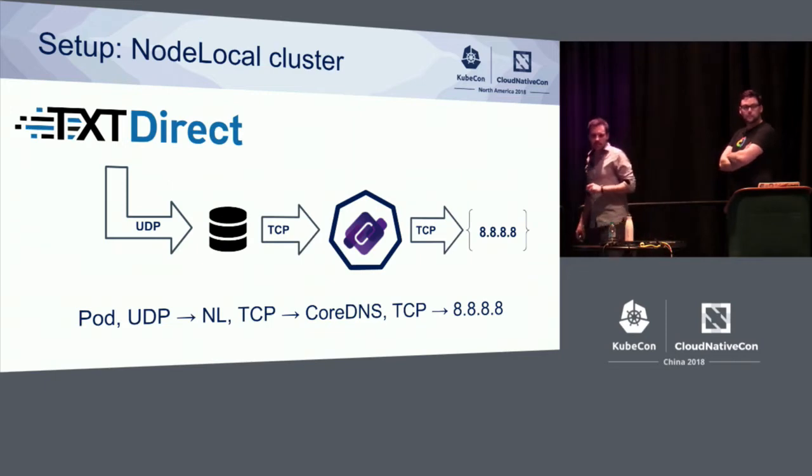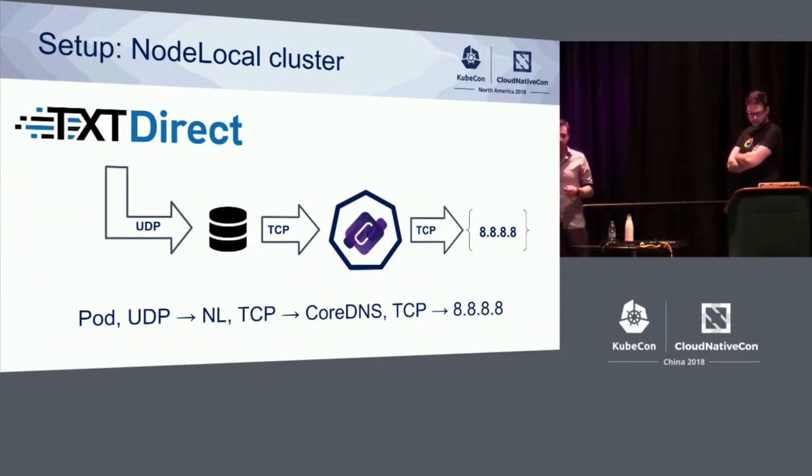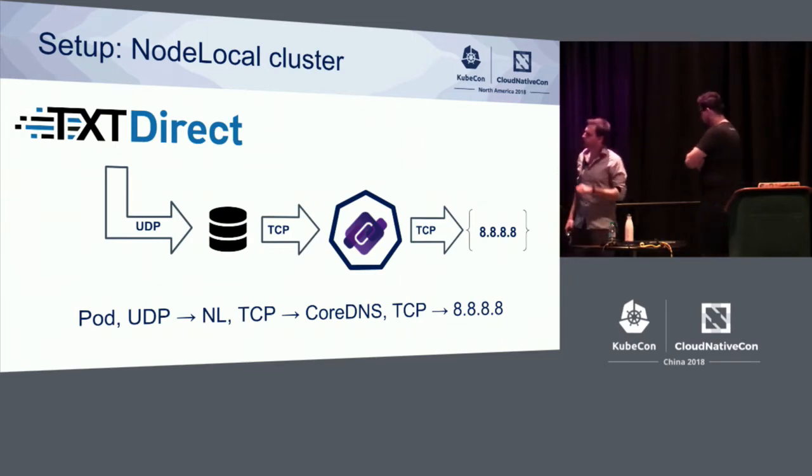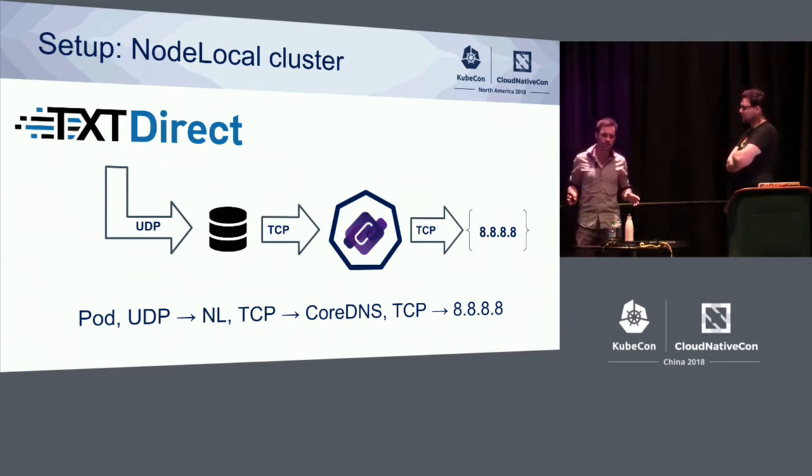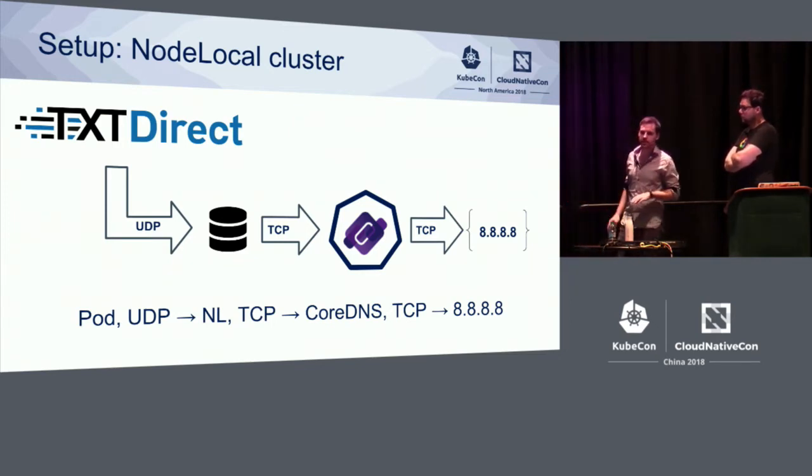Where it gets interesting is the cluster add-on, NodeLocal. We wanted to test a few things. Here, we are sending UDP, so your application still doesn't need to know about TCP-based DNS or any upgrade of protocols. It can be a legacy application only supporting DNS on UDP.